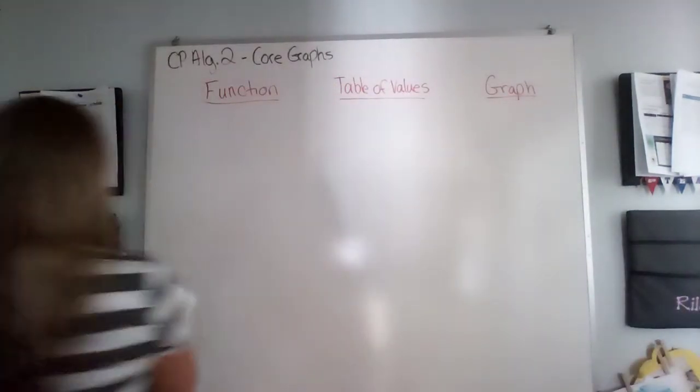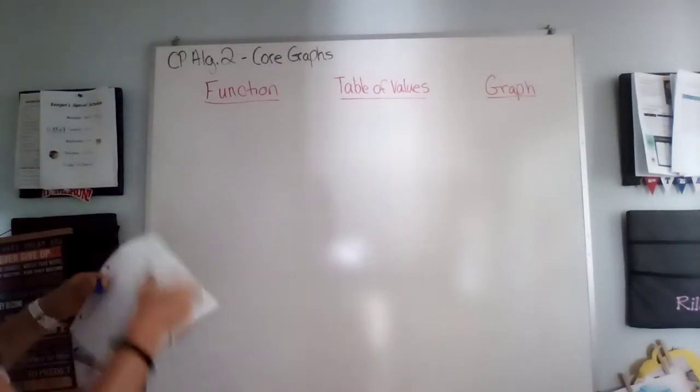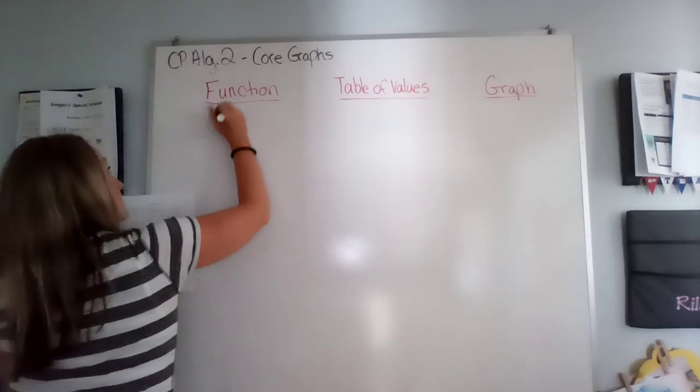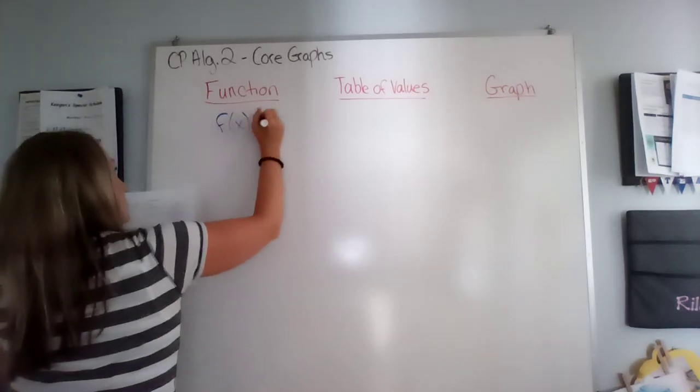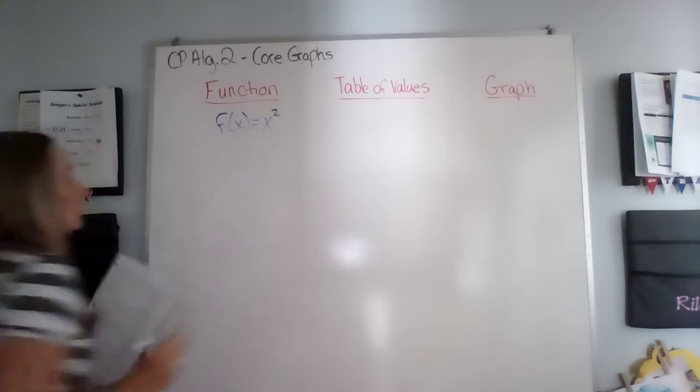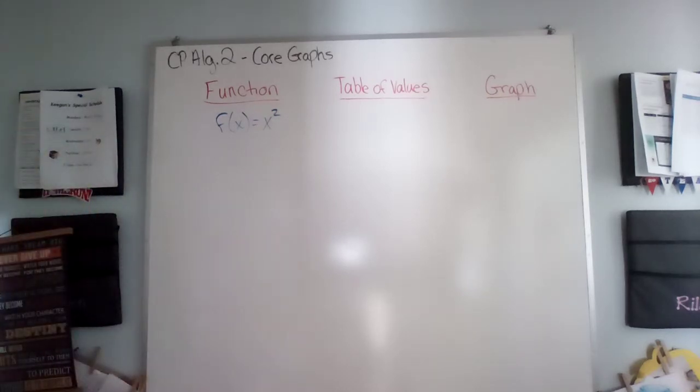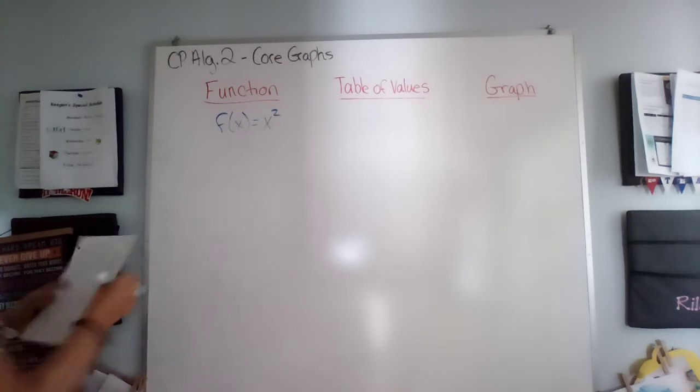The fourth function, f of x equals x squared. This is another function you studied in detail in Algebra 1, and we're going to work on it a lot this year as well. It's a quadratic function.